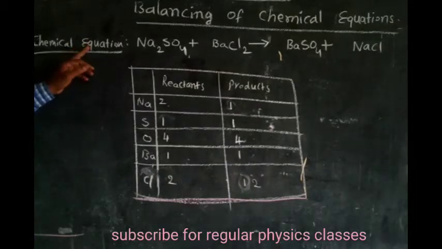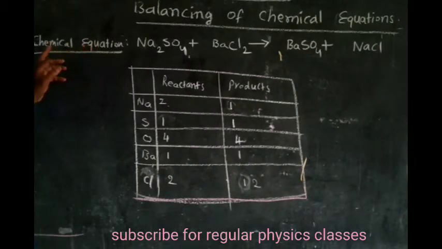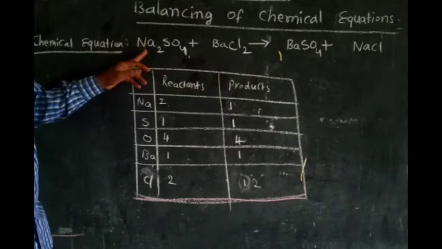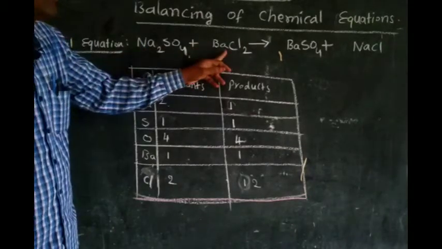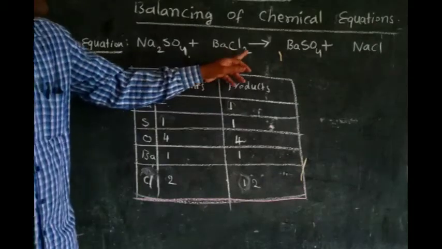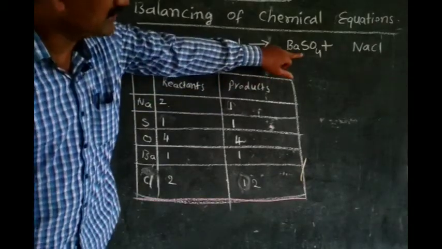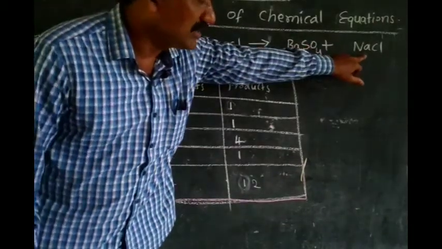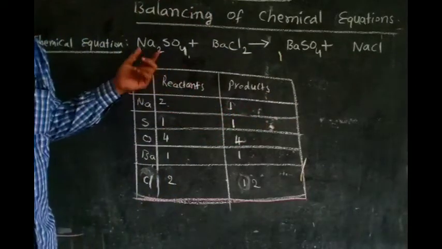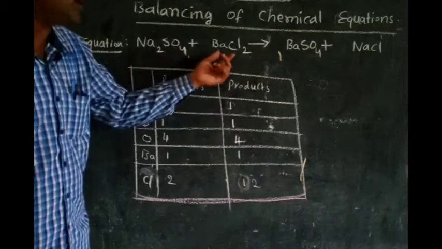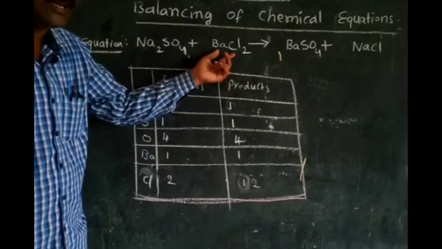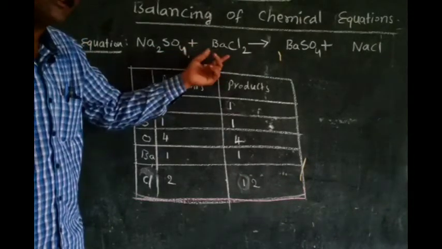Here one chemical equation is given: sodium sulfate reacts with barium chloride to produce barium sulfate and sodium chloride. Here in the reaction, sodium sulfate and barium chloride participated, means they reacted.